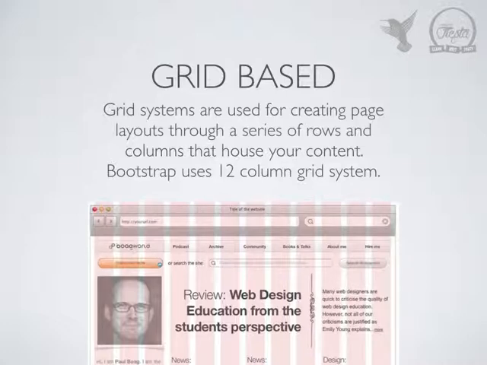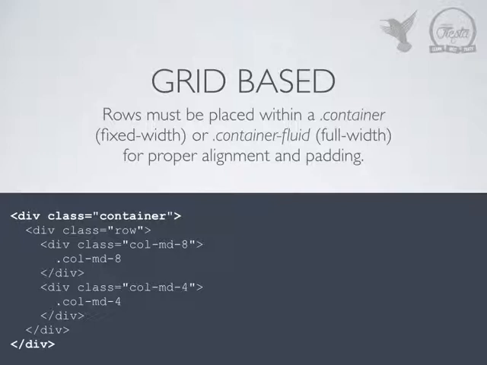Bootstrap uses a 12-column grid system, which, if we talk about fixed layout, is put inside of 960 pixels. So 960 pixels are divided into 12 equal columns, which can then be used to put the content in. Here is some actual code from the Bootstrap library, which is creating an 8-column-wide left side of my website and a 4-column-wide right side.